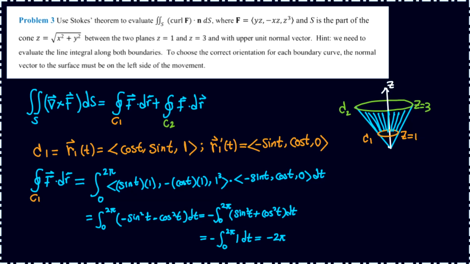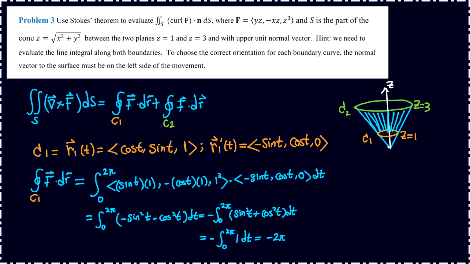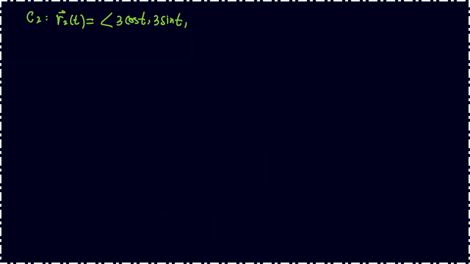So let's parameterize C2. I wrote C2 in green. C2, we can call that R2 of t. It is the vector 3 cosine t, 3 sine t, and again, at that level, z is 3, so the k-hat component is 3.